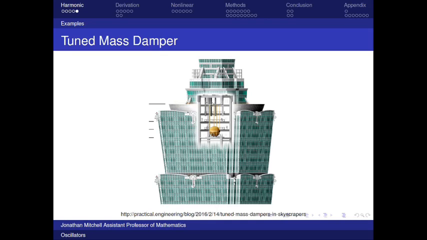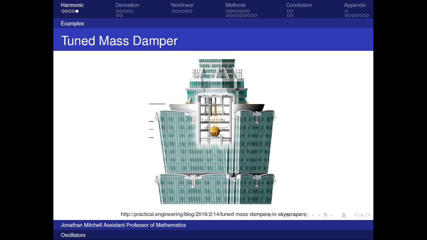When you build a building, you want it to withstand certain winds and structural loads. Somebody shouted out bridge earlier, right? That's an oscillator. But yeah, this is everyday life. So engineers need to make structures that have some damping and have some give that is not strong enough to break, but weak enough to allow it to oscillate. Because it's going to oscillate whether you want it to or not.